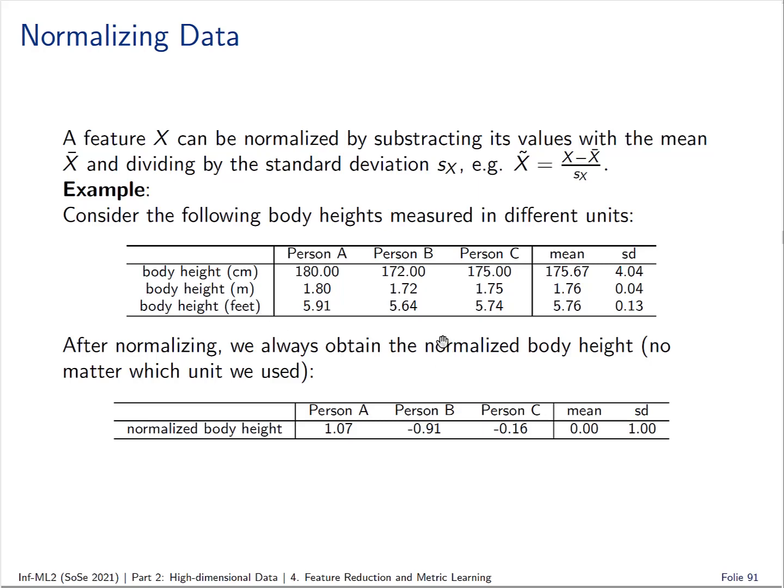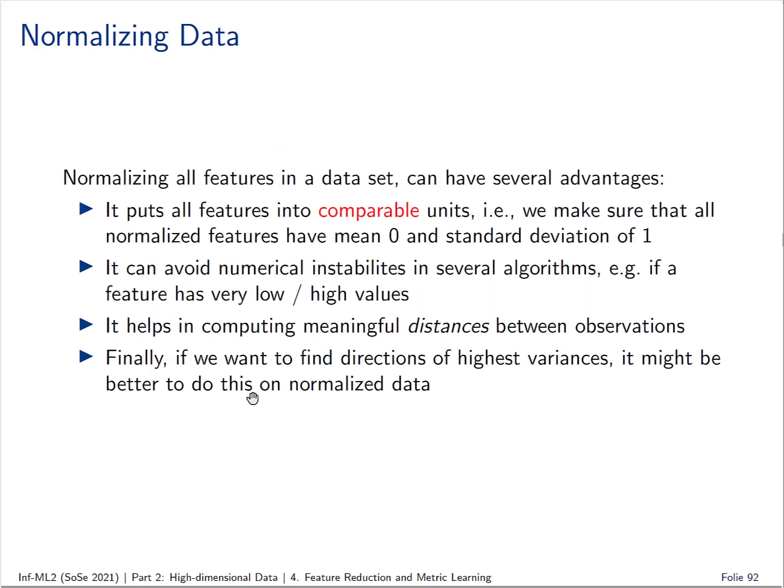That might not be good if we are to find directions of highest variance, even though they are linear combinations of original features, because unnormalized features may introduce biases. So we typically use normalized data for doing PCA.